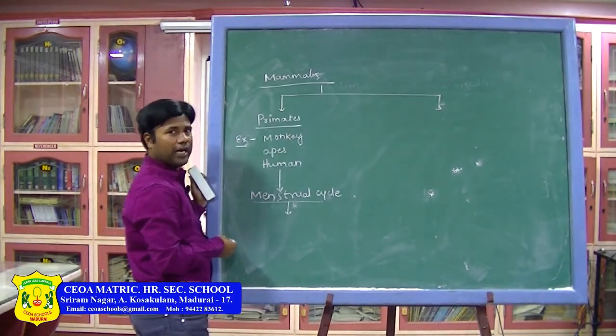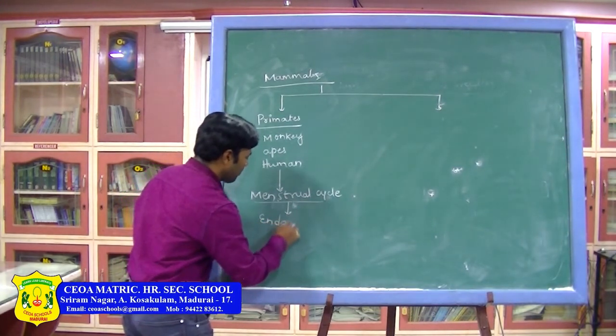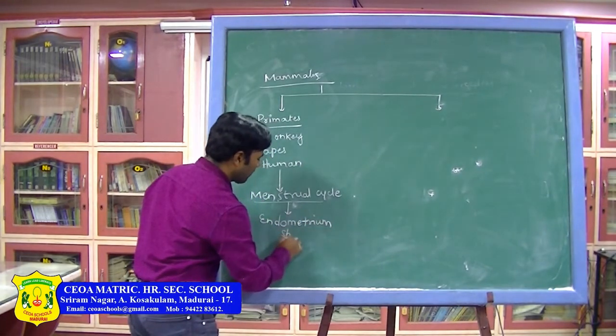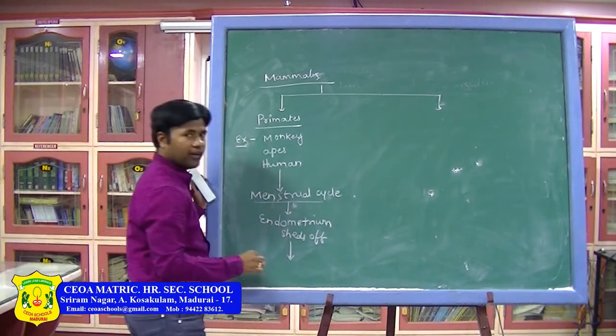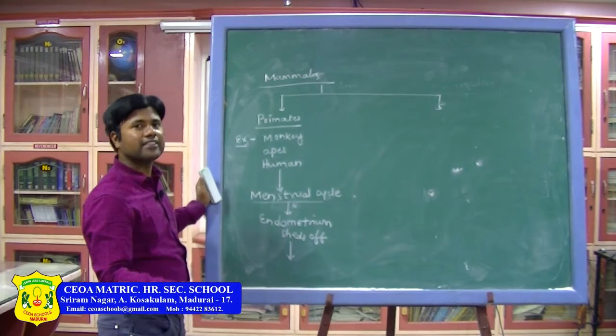In a cyclic manner, the endometrial wall sheds off. Due to that, what happens? It comes out, the bleeding will be more, and it is discharged from the body.